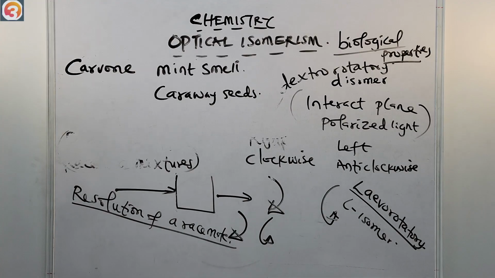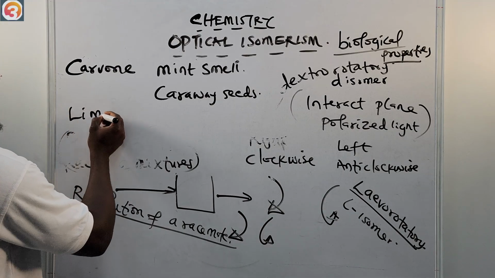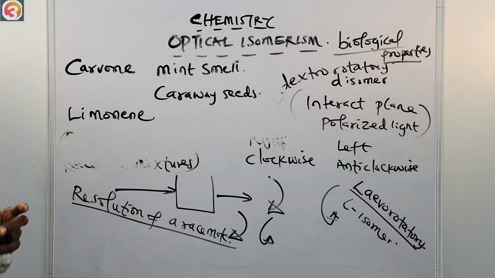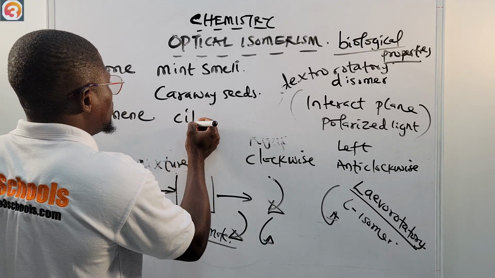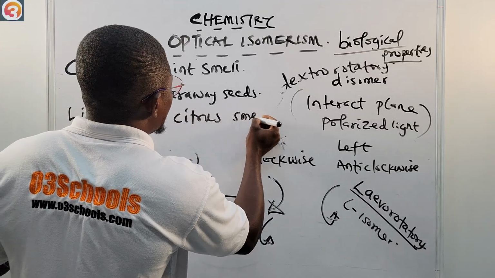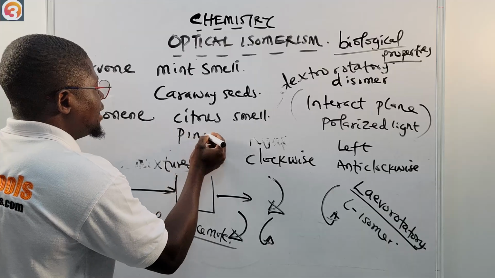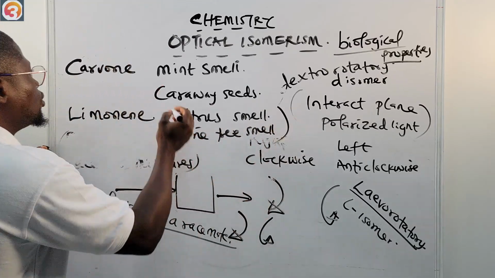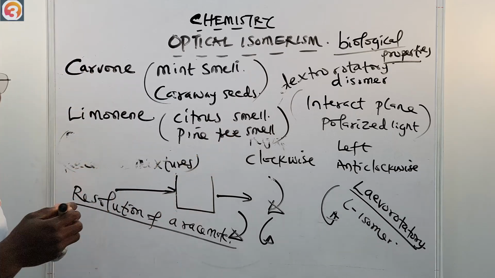The other one is limonene. For limonene, one has a citrus smell, then the other one has a pine tree smell. So you can see they have different biological properties.